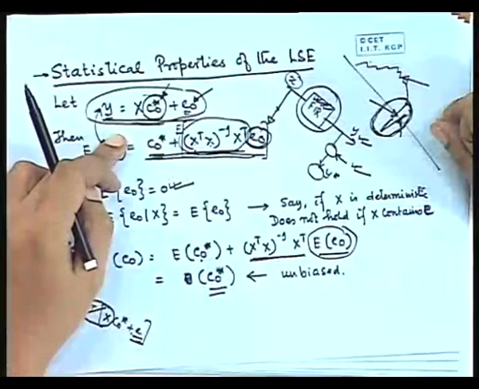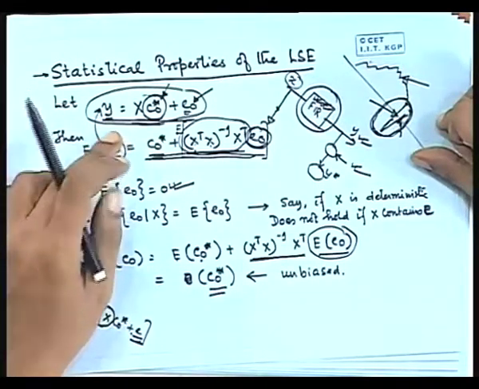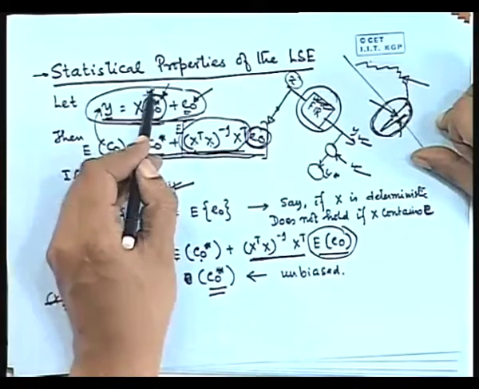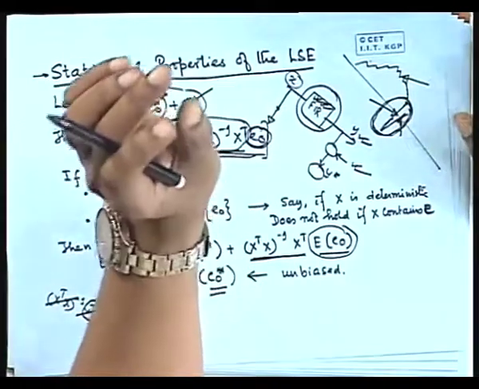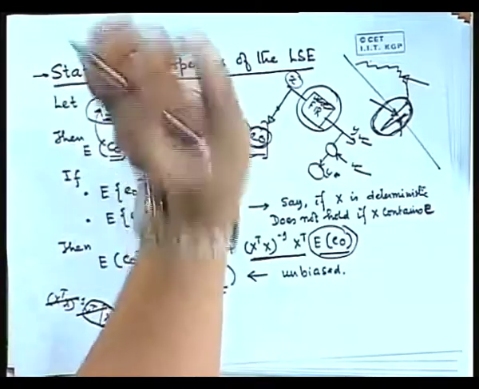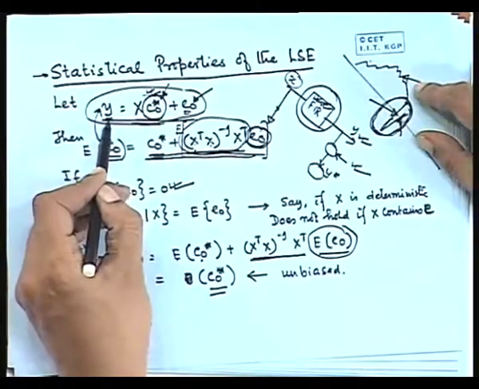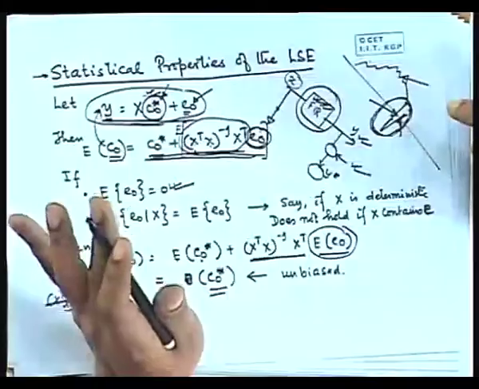So remember that the LSE will give you back the true parameters only under certain conditions. It will not give you the true parameters otherwise. In general, it is biased, in the sense that if data was generated in this fashion, and you compute an LSE, even if you take expectation, it may not come back to this. That depends on what is X and what is E and what are their mutual properties.